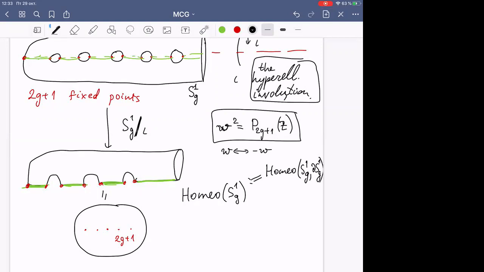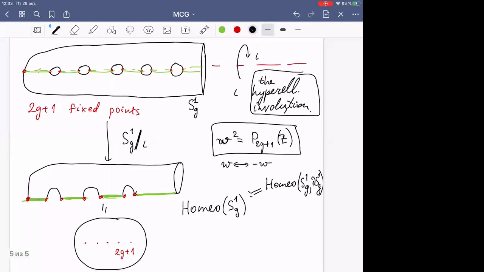Well, we need to be careful here. Note that the hyperelliptic involution doesn't belong to this group, since the hyperelliptic involution is not trivial on the boundary. It rotates the boundary by pi.